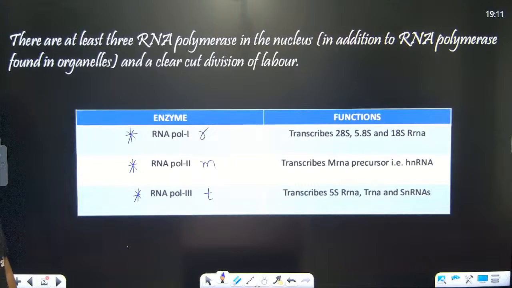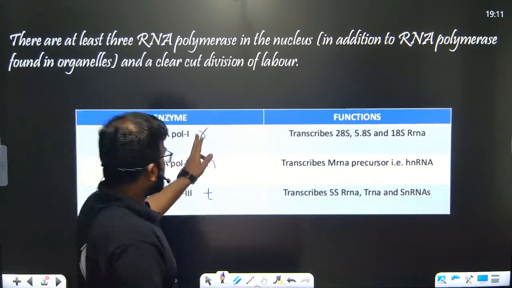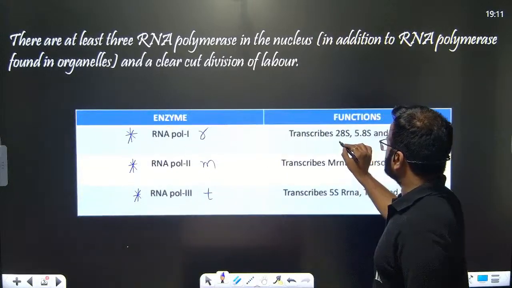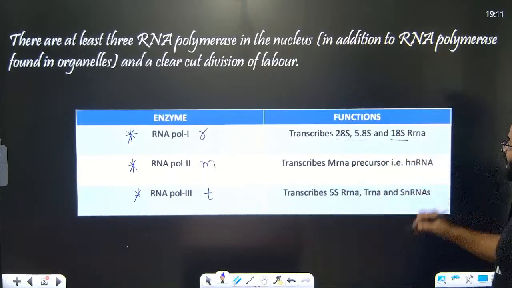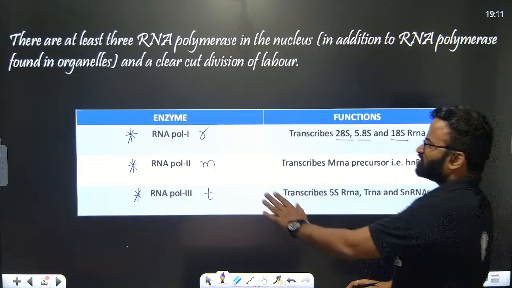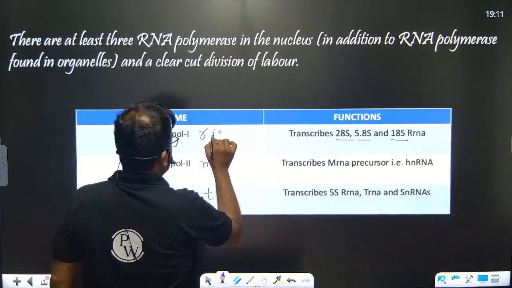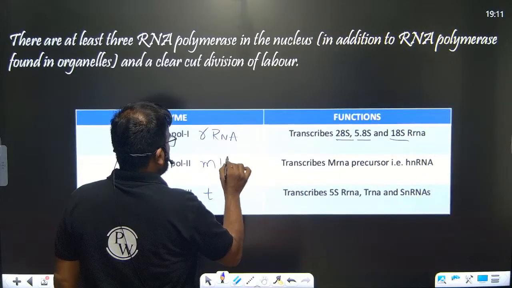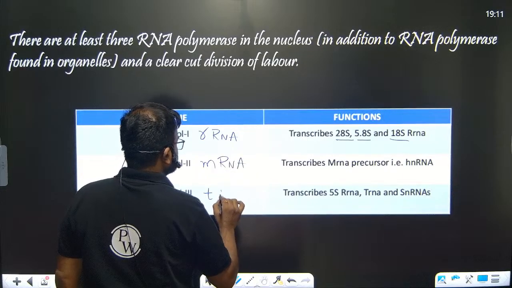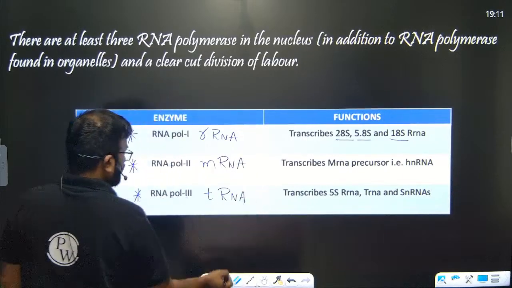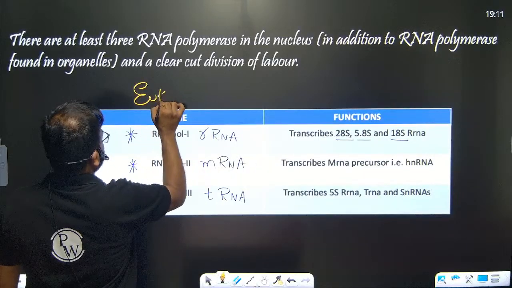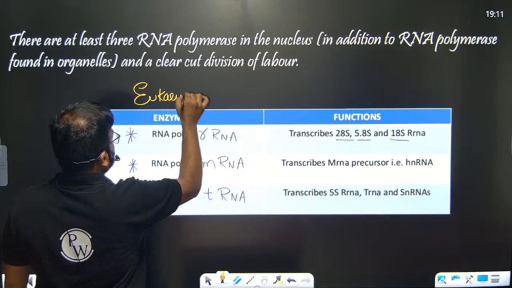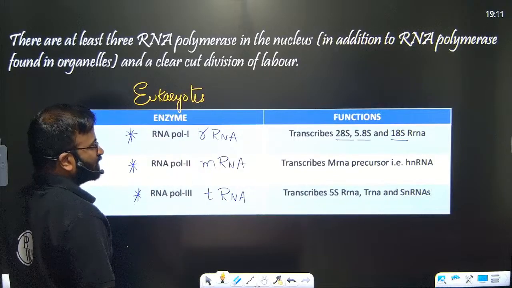Apart from these, generally speaking rRNA, mRNA and tRNA, in eukaryotes you have these three kinds of RNA polymerases.